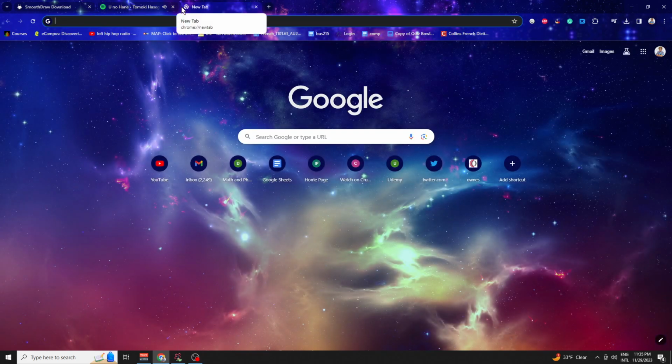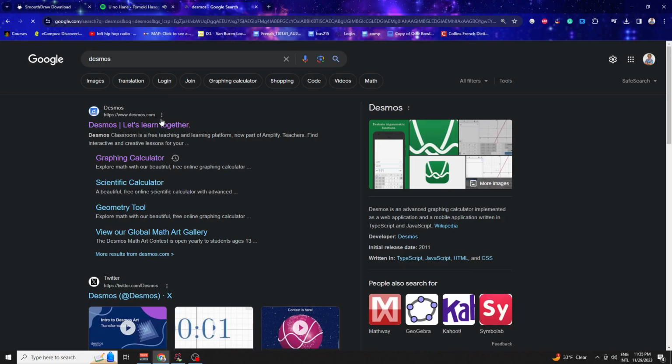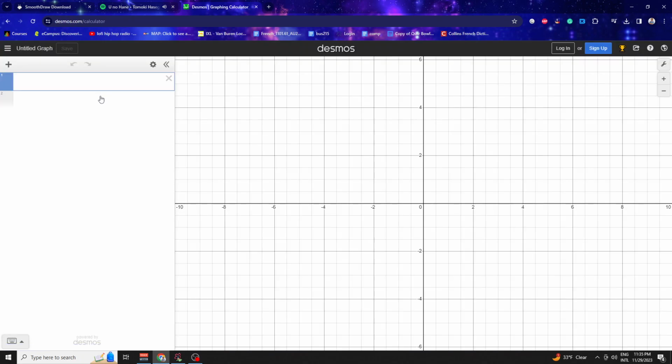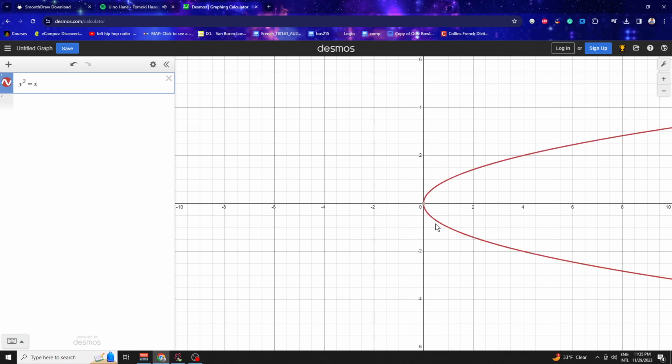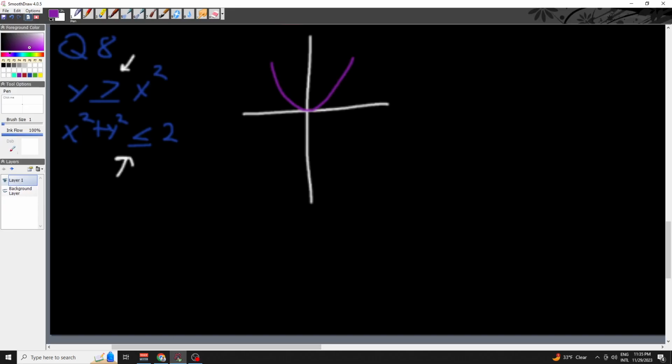I'm going to go to Desmos for this one, because I feel like that makes it the easiest to explain. If we just have y squared is equal to x, this is what a y parabola looks like. On the two problems provided on the practice test, it goes out this way.